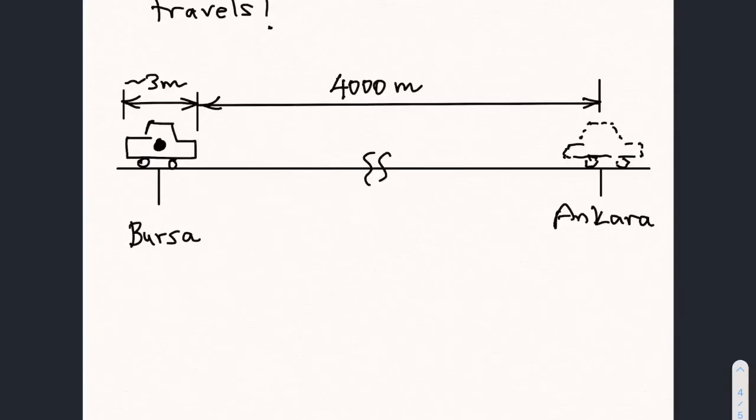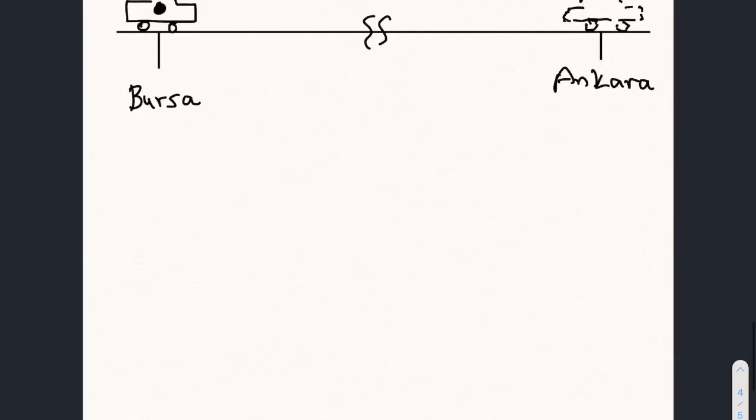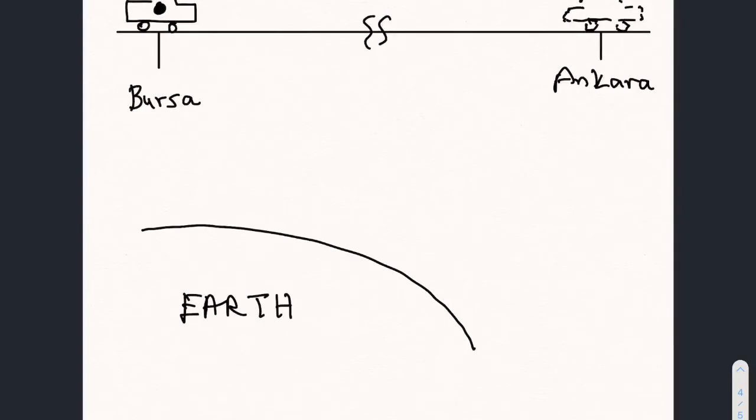Why do we consider an object as a particle? Another example, of course, if this is the Earth, and if we have a satellite which is very, very small compared to the size of the Earth, and when you compare to the size of space, it is very small.